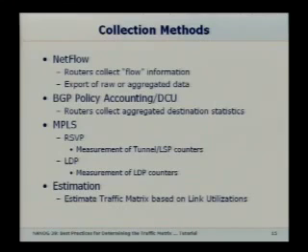So then we come finally to the collection of the traffic matrix itself. For IP networks, the 4 major techniques I'm going to talk about are NetFlow, then BGP policy accounting and DCU, which are kind of the same thing on the Cisco side and the Juniper side. Then the estimation. MPLS actually, of course, doesn't apply to the IP networks.